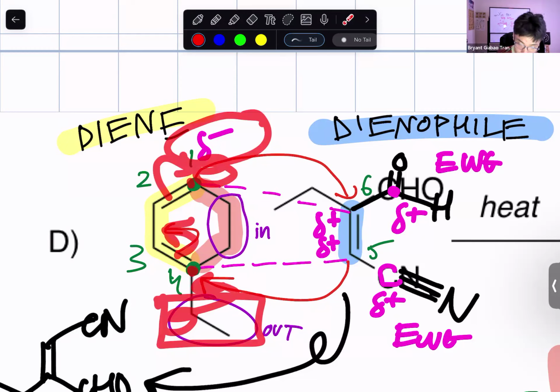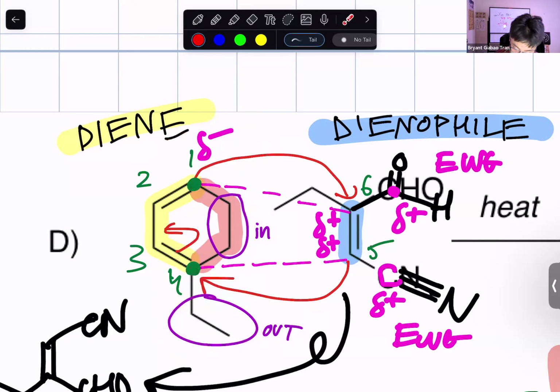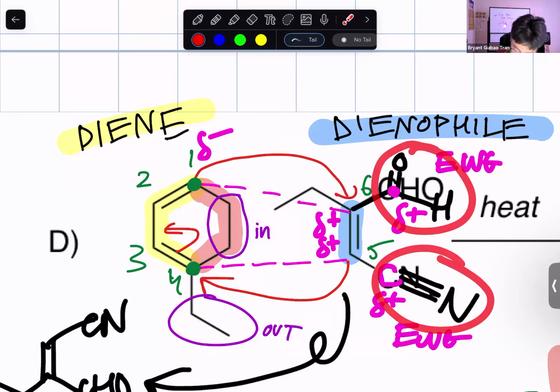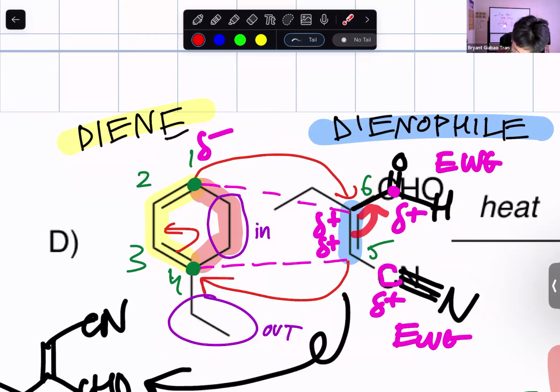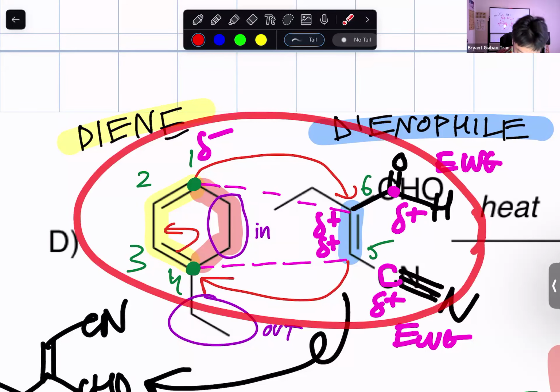For the dienophile, we have 2 EWGs here. If we withdraw electrons from one EWG, we get a positive charge at this end. If we withdraw electrons with the other EWG, we get a positive charge at the other end. So we get positive charges at both ends of the dienophile. So the Diels-Alder reaction would happen as it is drawn here because the charges do align in the pocket.